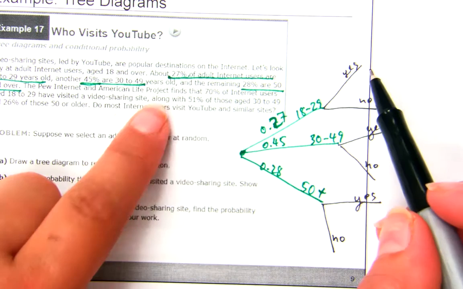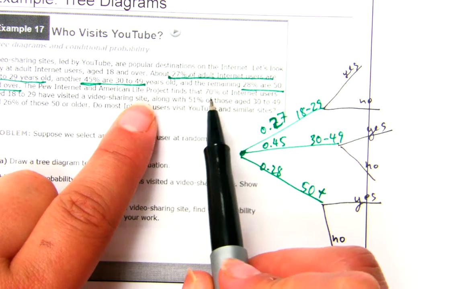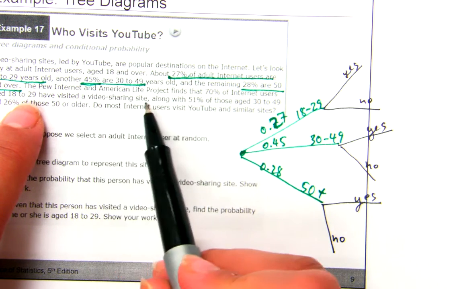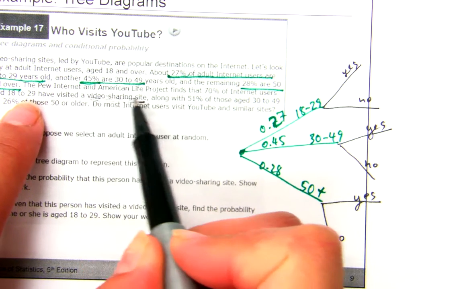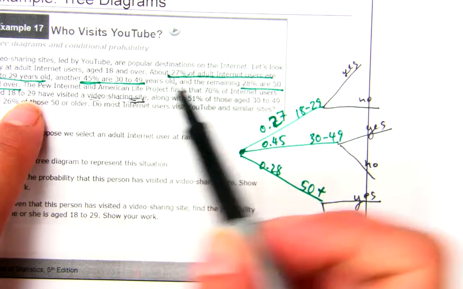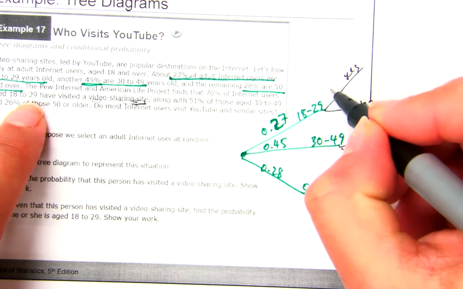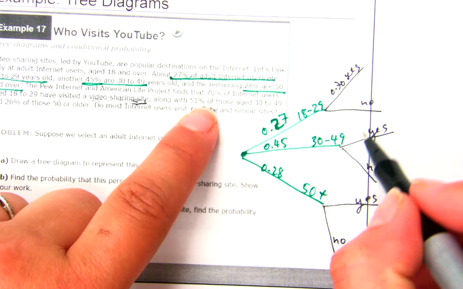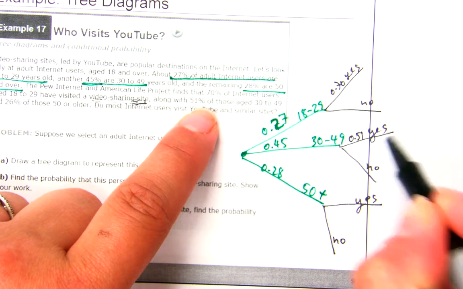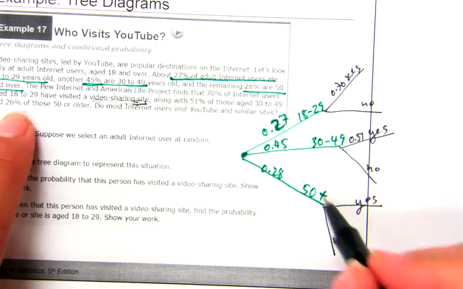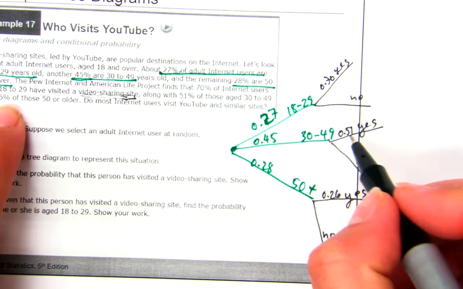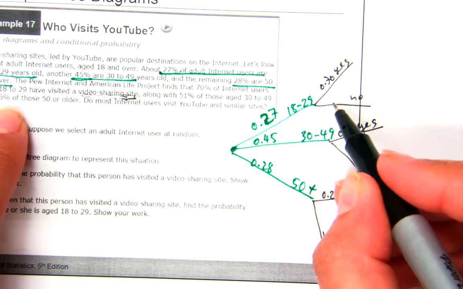All right. So we find that 70% of the internet users 18 to 29 have visited a video sharing site. Oh, not profile. Sorry, video sharing site. So this is going to be 0.70. 0.51. And then the last one is 0.26. All right. Well, these have to add up to 100%.